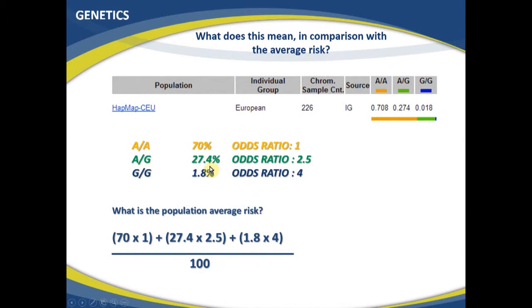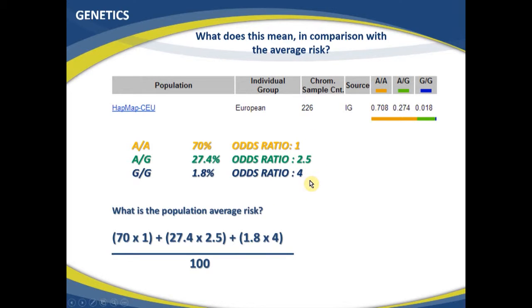But this is the kind of information that we can get from here. So now we know AA 70%, and we know it's the wild type, so we have an odds ratio of 1. AG is 27%, we have an odds ratio of 2.5. And GG, 1.8% of the population, has an odds ratio of 4.